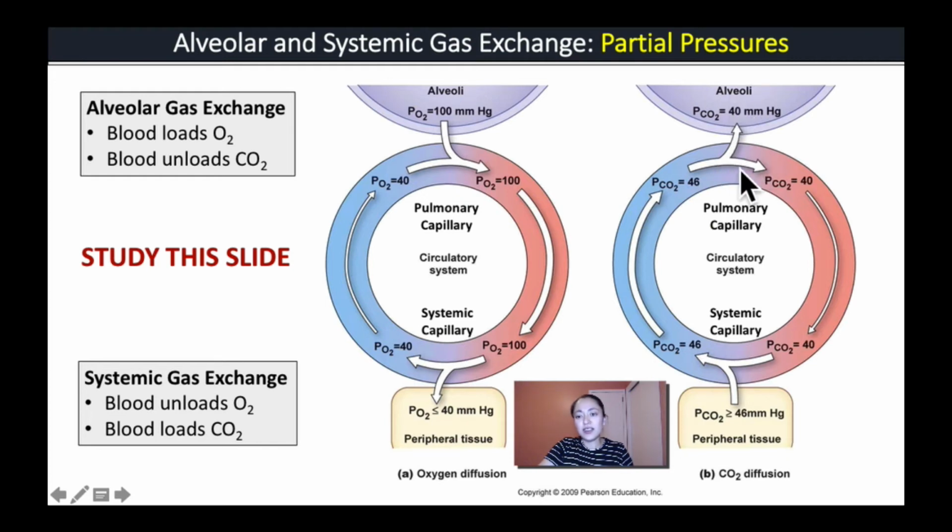And now the carbon dioxide level in our blood is lower, and that lower carbon dioxide blood is going to make its way to the systemic capillaries, where it's going to pick up more carbon dioxide. And then it's going to go to our lungs, unload the carbon dioxide. And then it's going to go to the systemic capillaries, pick up more carbon dioxide, and it just keeps going. But it's, again, that partial pressure gradient that's driving that movement.